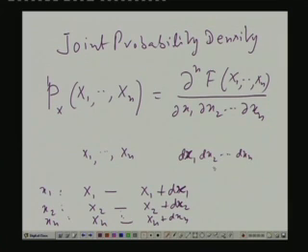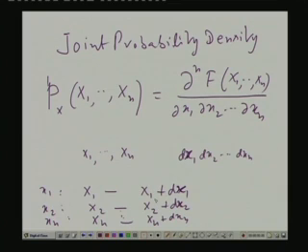Then the probability that the random variables x1, x2 up to xn lie within that hypercube located at this point capital X1 to capital Xn, that is small x1 lying within this range, small x2 lying within this range, small xn lying within this range simultaneously.